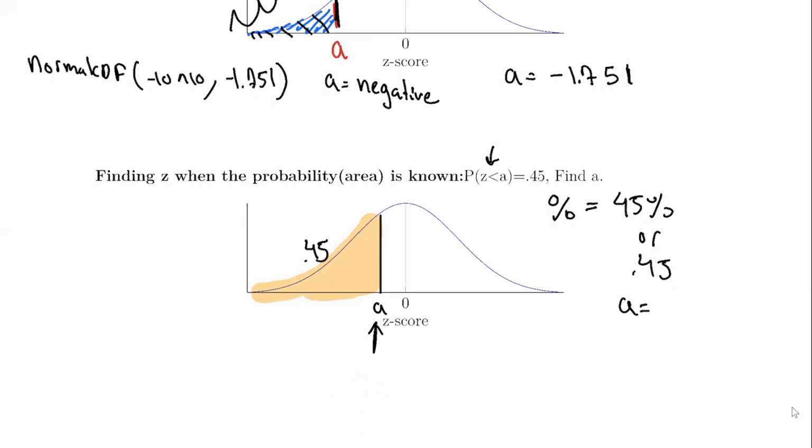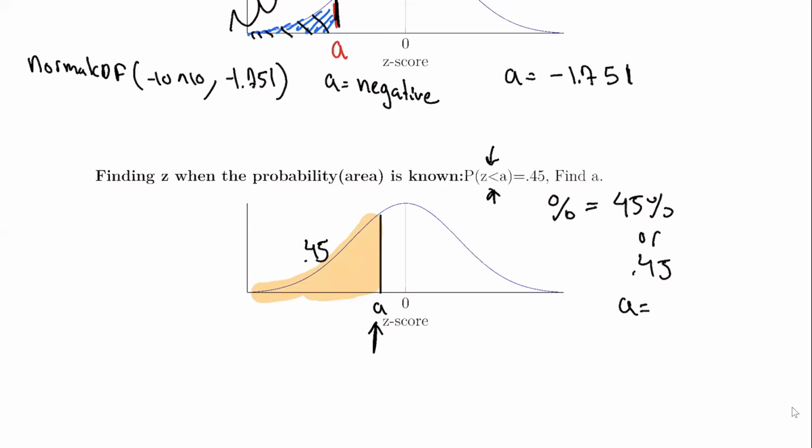What we want to do is find what that A value has to be that cuts off the bottom 45% from the top 55%. If you remember, the calculator always wants the probability to the left side. Well, you shade the left side because if you look at the inequality, it says less than. So that way you shade the left-hand side.